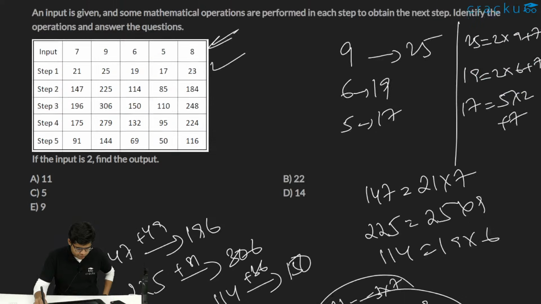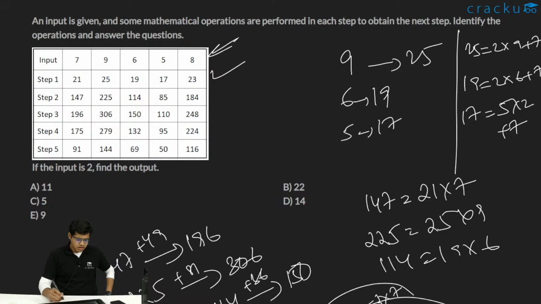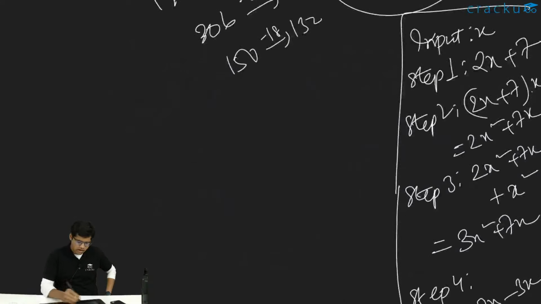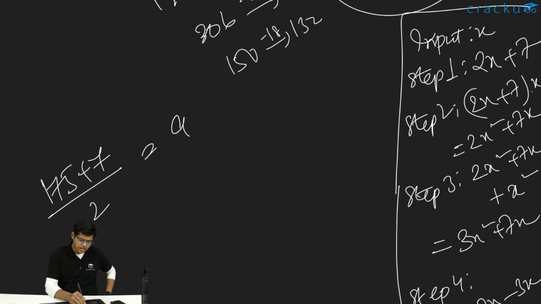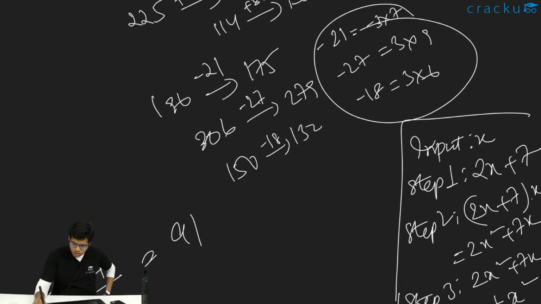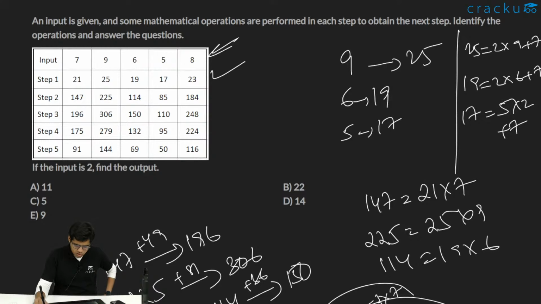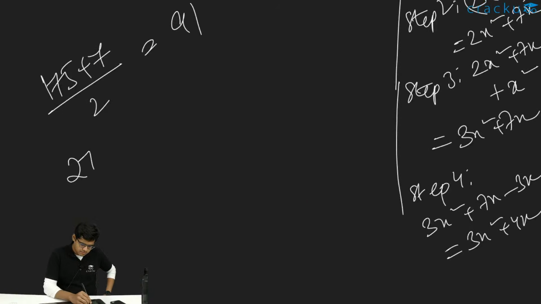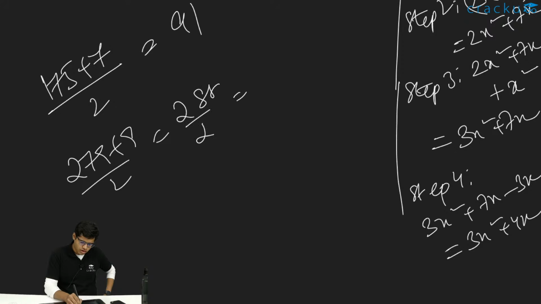Step 5 is quite a unique step. We have 91. How can we get 91 from 175? 175 plus 7 is 182, and 182 by 2 is 91. Then 279 plus 9 is 288, by 2 it is 144.